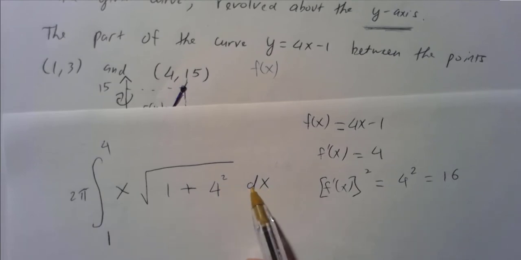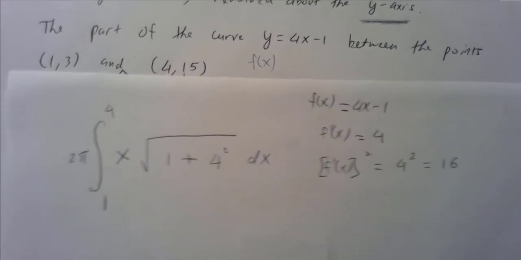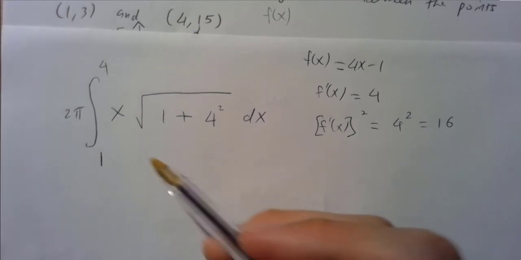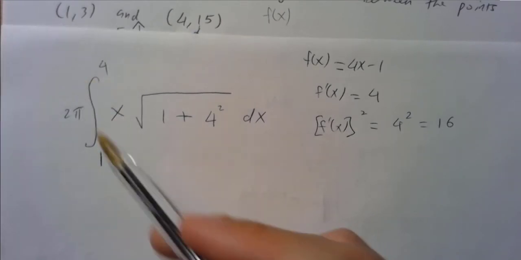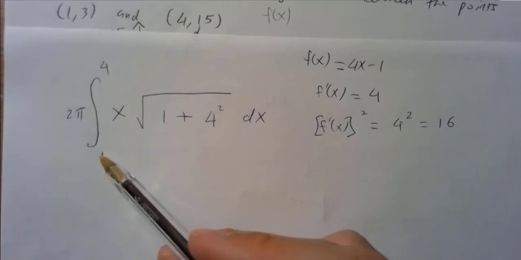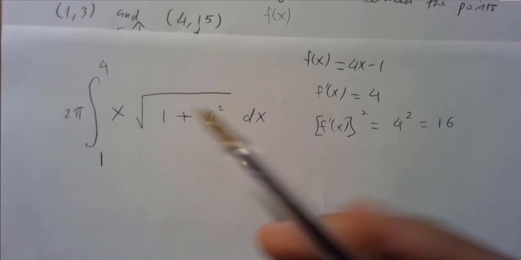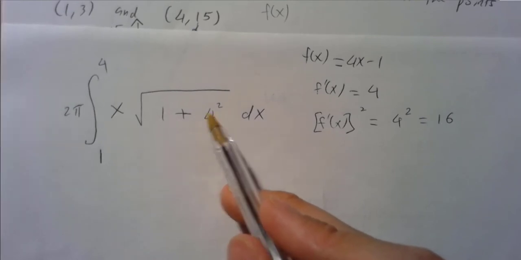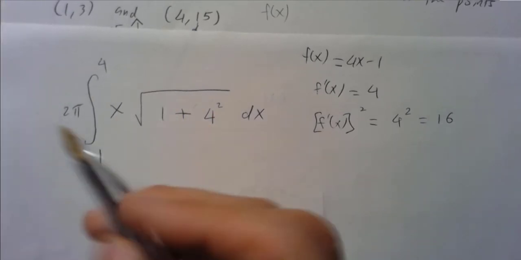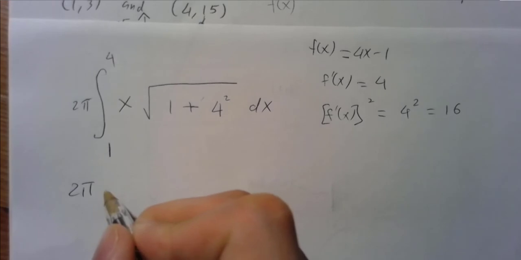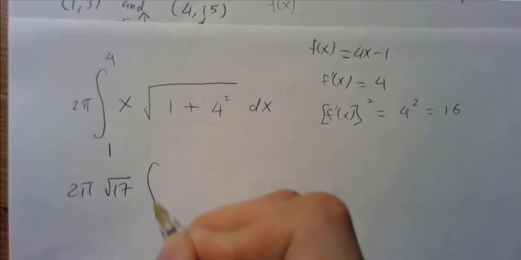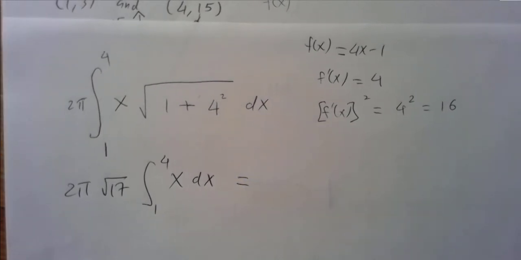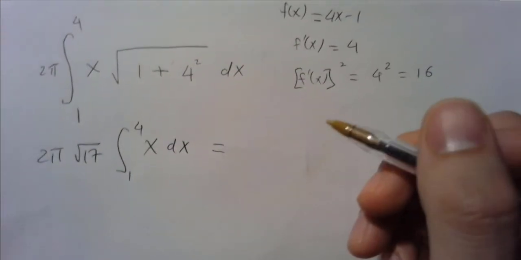And then dx. So if you find the value of this integral from 1 to 4 of x multiplied by 1 plus 4 squared, 16 plus 1 is 17, I bring the whole thing out: 2 pi square root of 17 integral from 1 to 4 of x dx. Then if I do this integral, let's try.